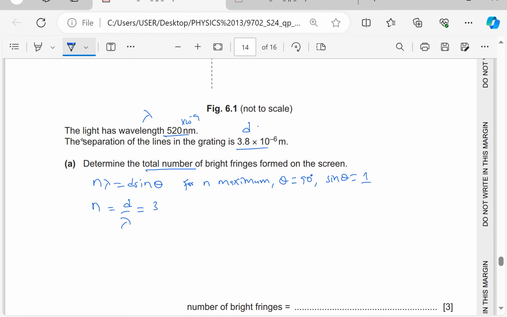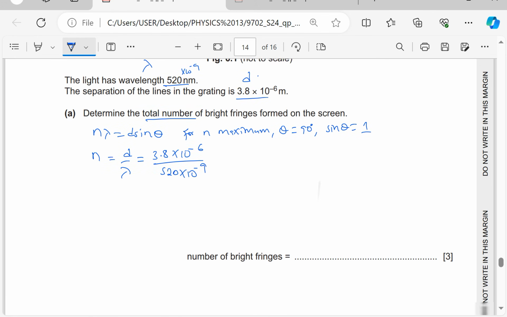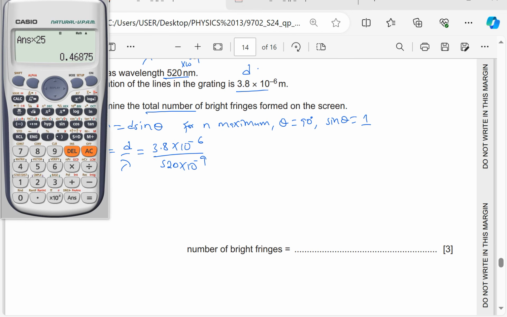So d is 3.8 times 10 to the power of minus 6 divided by 520 times 10 to the power of minus 9. So this will give us 3.8 exponent minus 6 divided by 520 exponent minus 9.